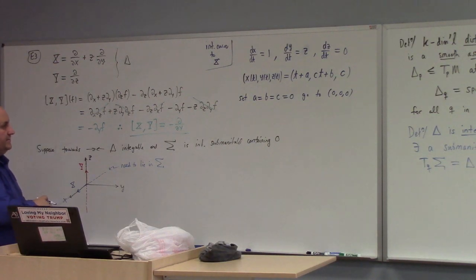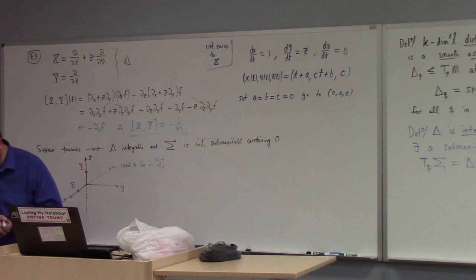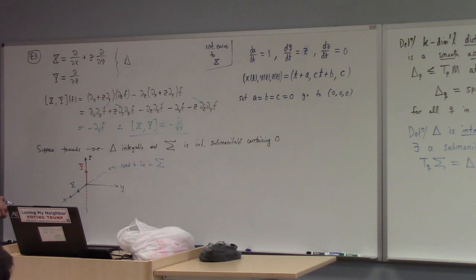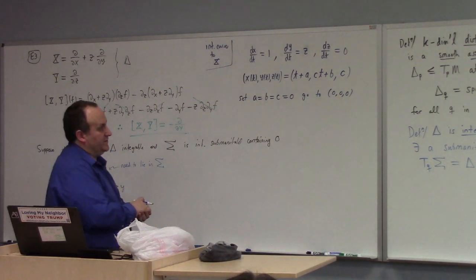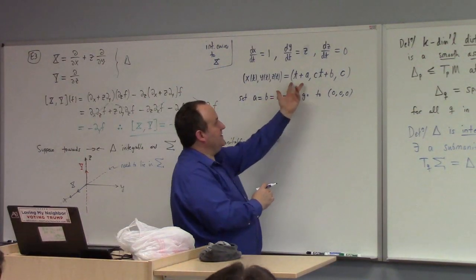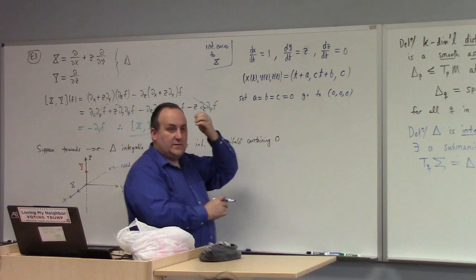He says this means that sigma contains an open subset of the x-axis. I guess if I put b equals 0 and c equals 0, t plus a is free to range.